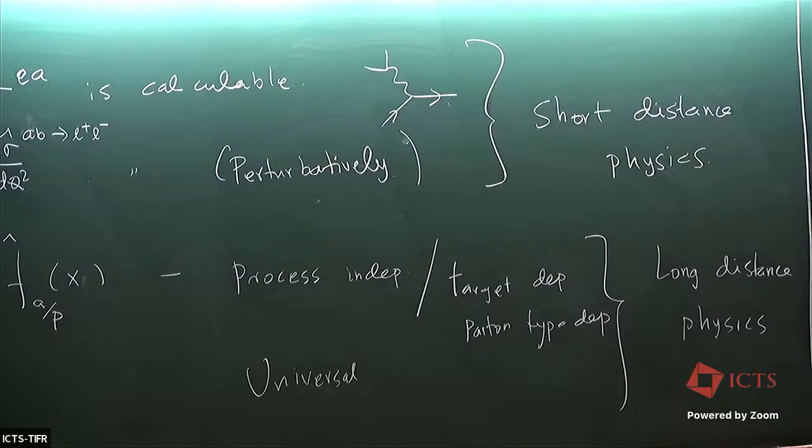Then whatever happens to the structure is on a longer time scale, and the pre-existing structure before the collision is something completely factorized. This is the assumption, okay? And this is what allows us to describe these objects with two different techniques.